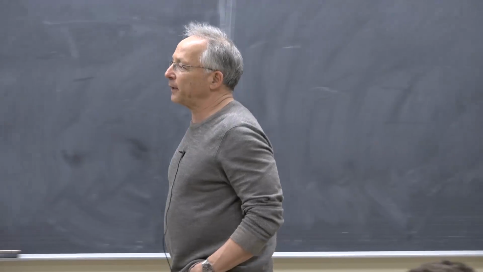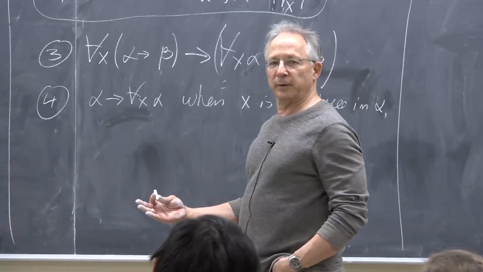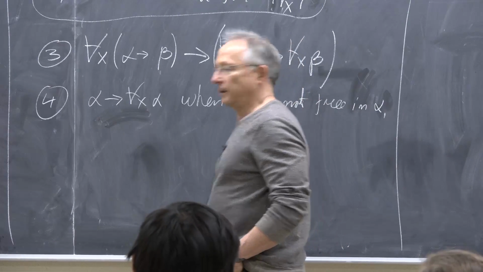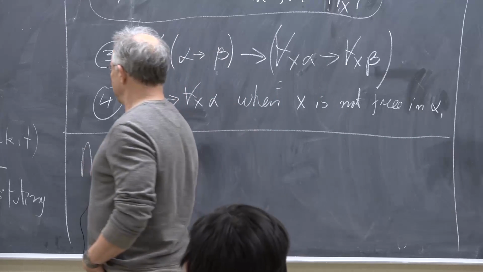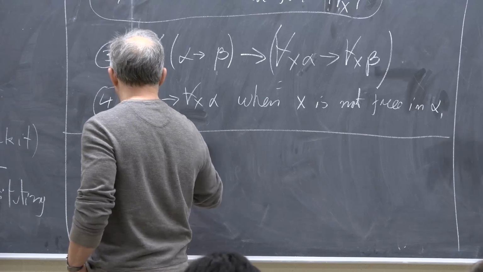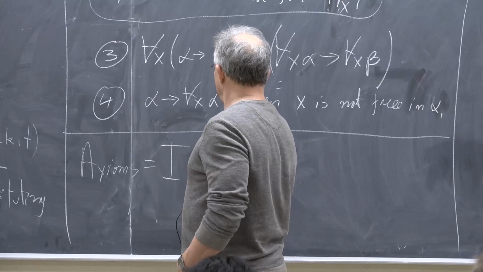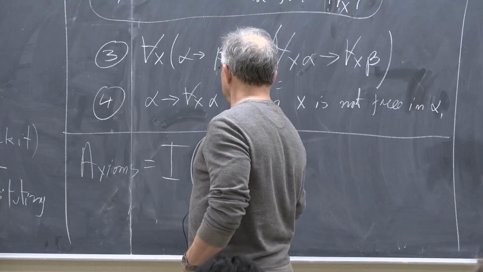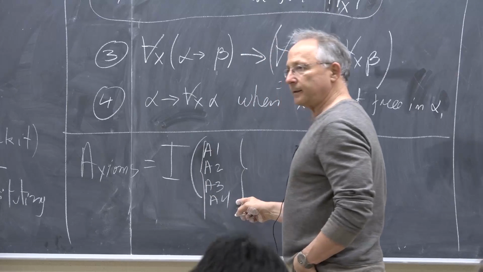But these four groups of axioms are only a basis of a set of axioms that we define by induction. So the set of axioms is going to be I of those four axioms, A1, A2, A3, A4. These four axioms are my basis.